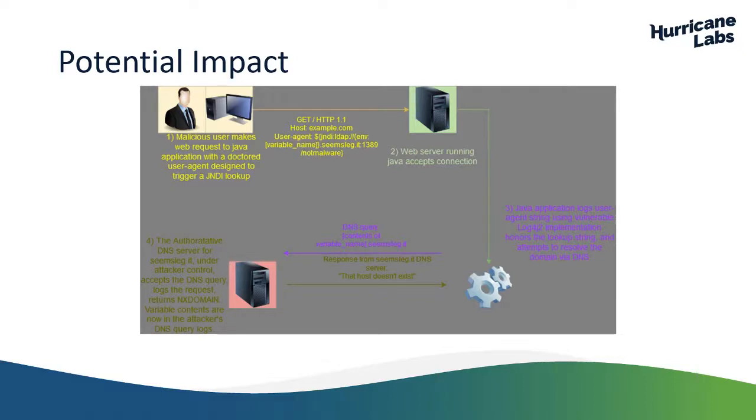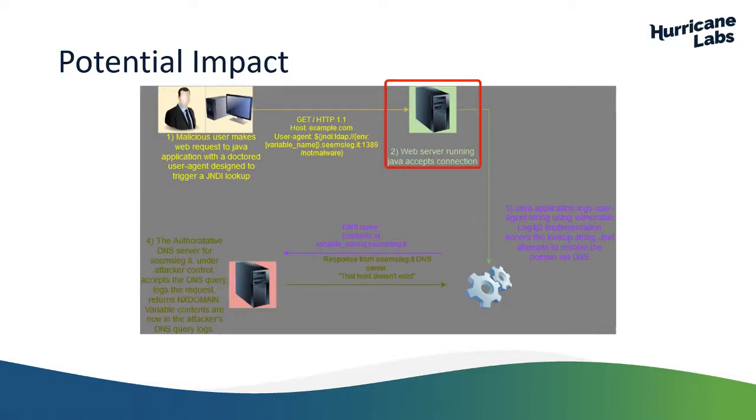Just like with the first version of this exploit using the LDAP resource ref method, the attacker is going to issue some kind of request to a potentially vulnerable Java application, and that request is going to have a JNDI lookup. The JNDI lookup in our case also has that secondary lookup for an environment variable.